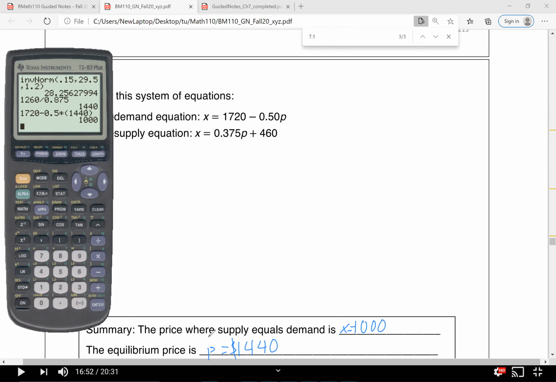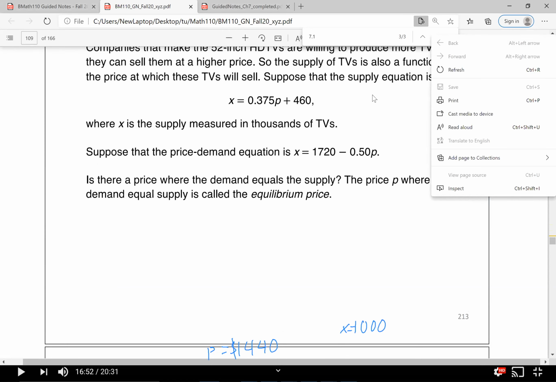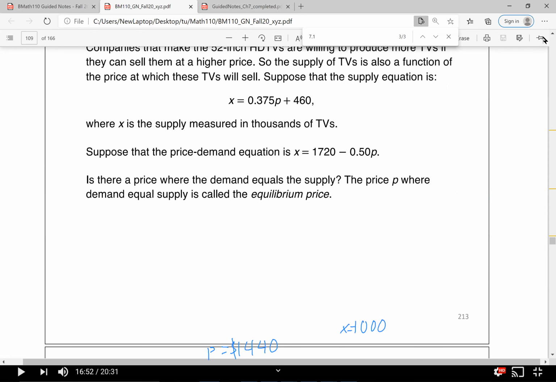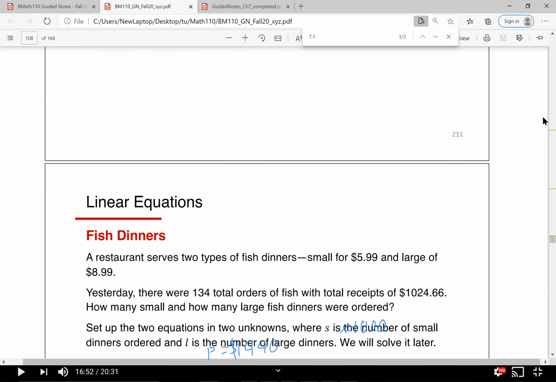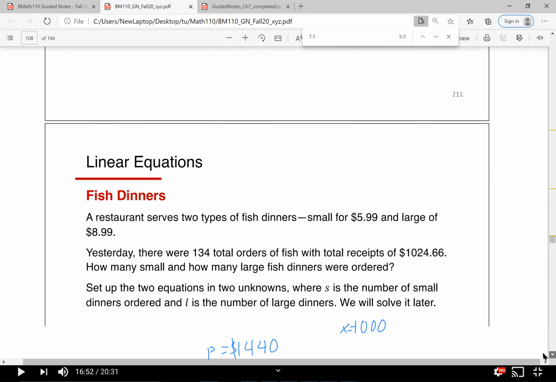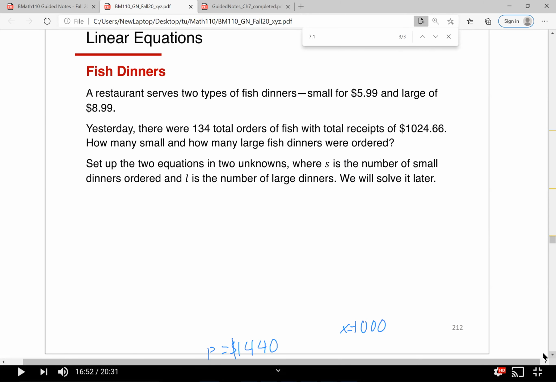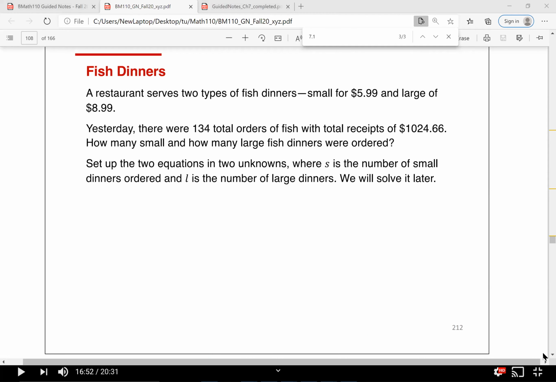So I think I need to come back to the problem about the small and large fish dinner, because it looks like we don't have to solve it.